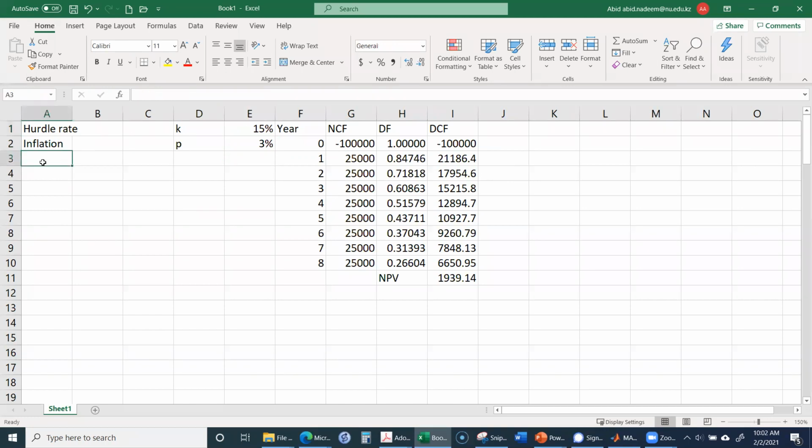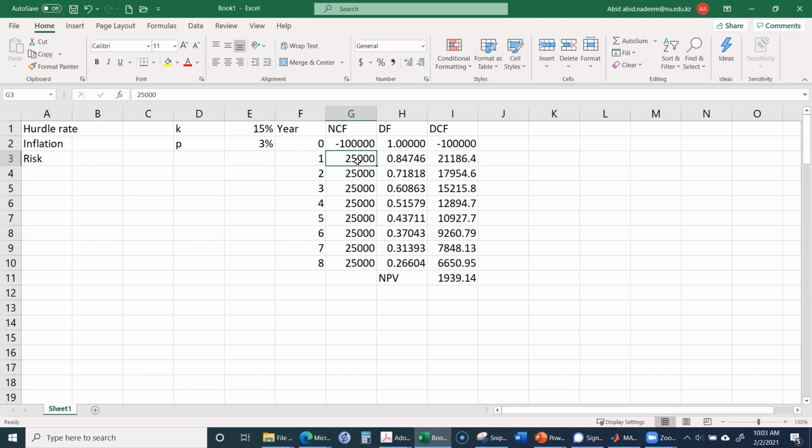However, if we want to include the effect of the risk, a very simple way is to include it by some simple calculations. For example, in this model, we can say that the $25,000 benefits which we are predicting in the following years are not certain.